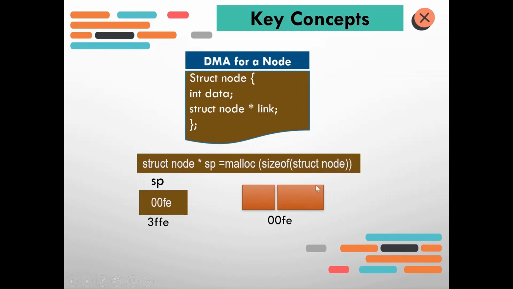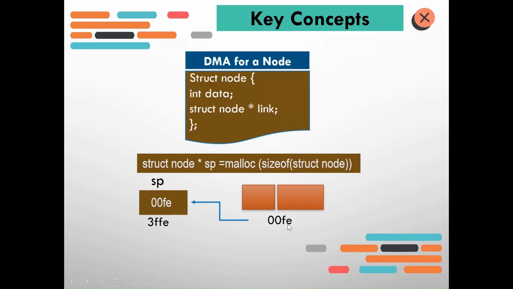Collectively, it is a node which has been allocated memory at 00FE, of course 4 bytes, right? So the address of this node would be stored here. Why? Because I have assigned this address to SP. So the contents of SP would be 00FE, which is the address of this allocated node. Right?